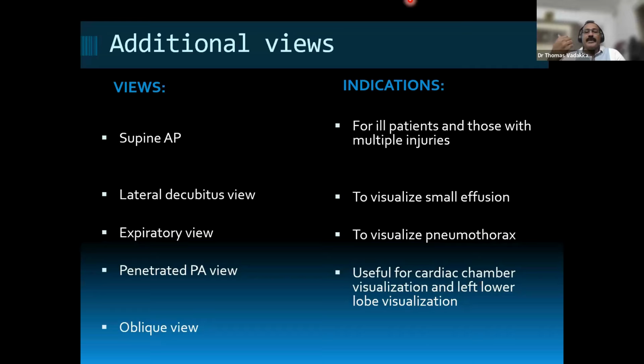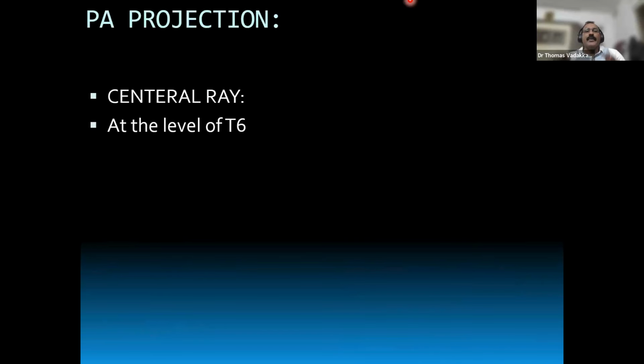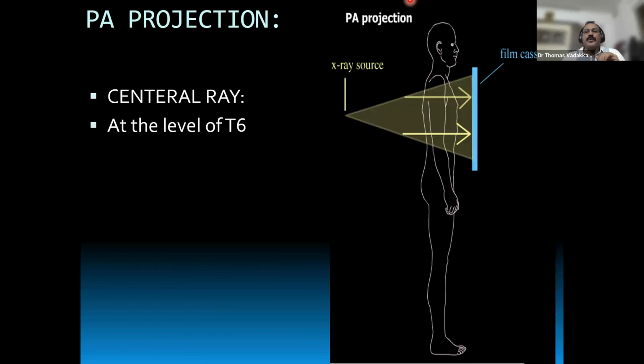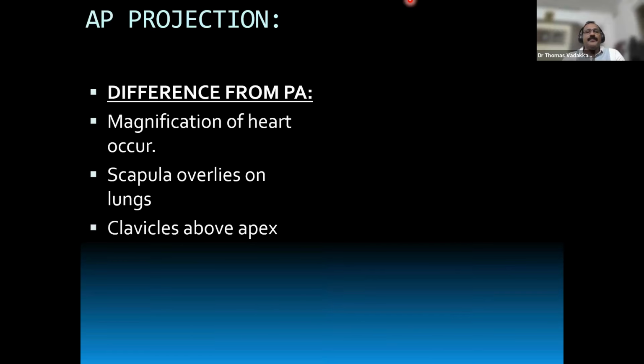So you can ask for a penetrated view if you want to visualize left lower lobe lesions. And oblique view, of course, to assess the retrocardiac as well as the posterior costophrenic angle area. Now we keep the central ray of X-ray projection at the level of T6, that is the sixth thoracic vertebra, so that we will get a good image of the entire chest.